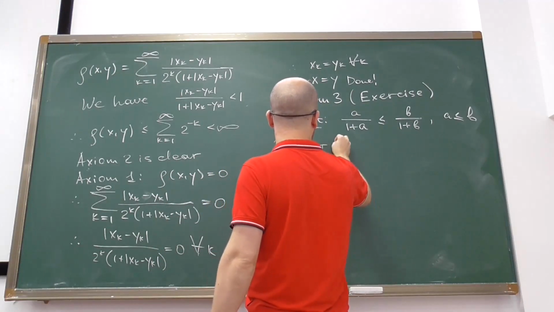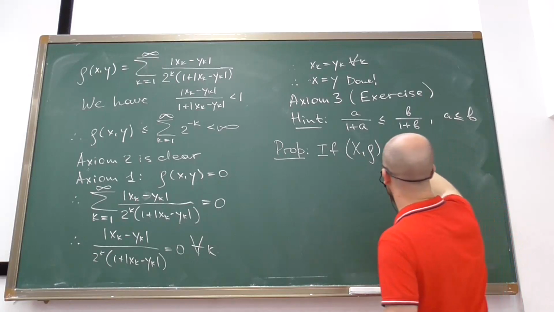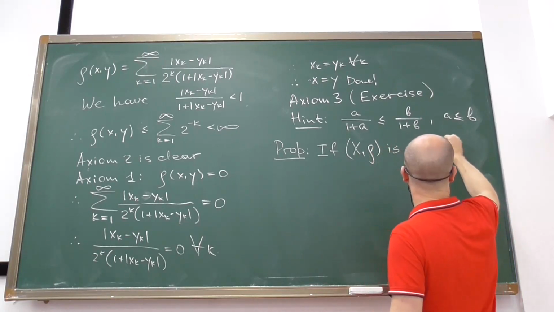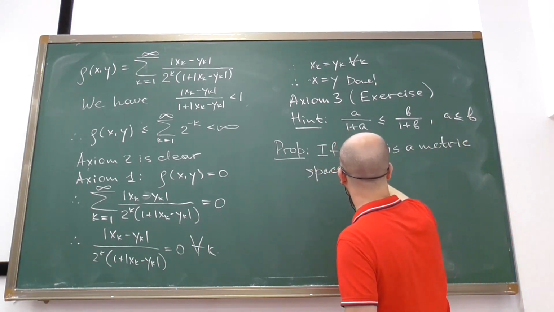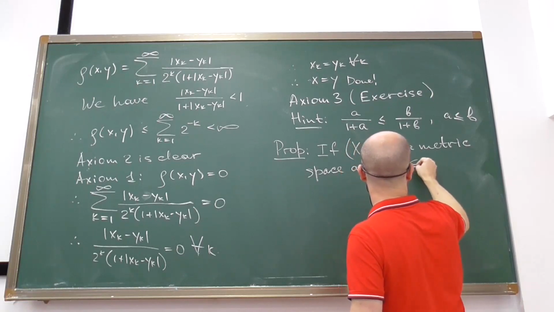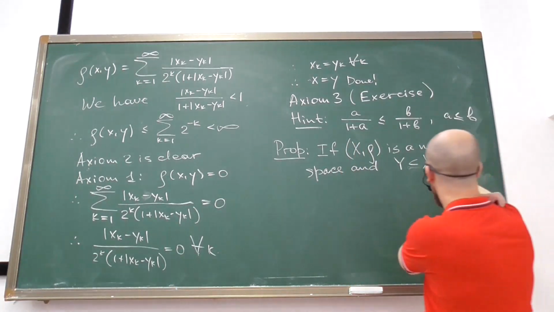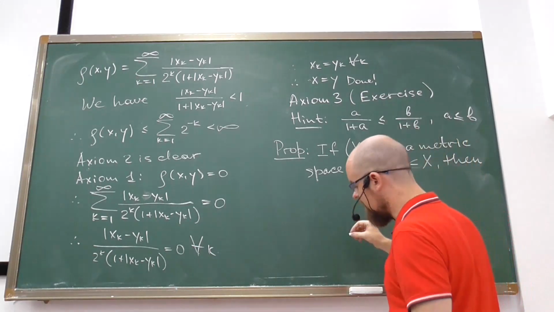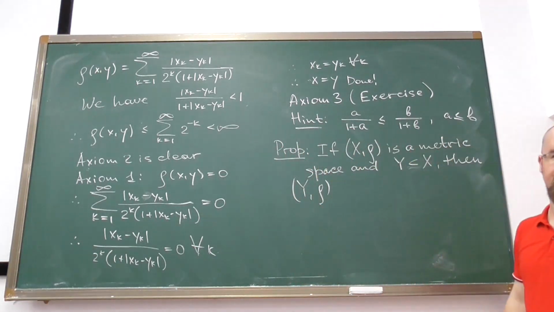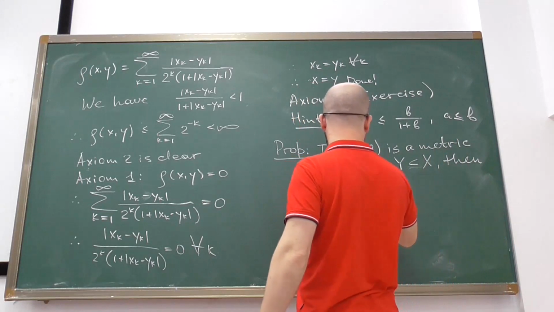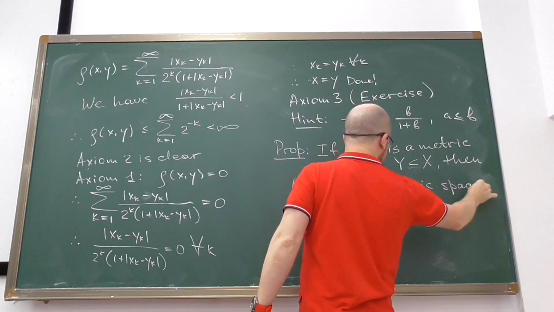If X, rho is a metric space, and Y is a subset of X, then the pair Y, rho is a metric space.